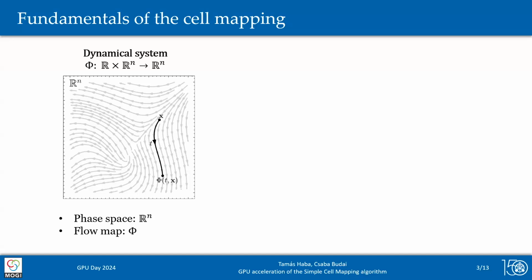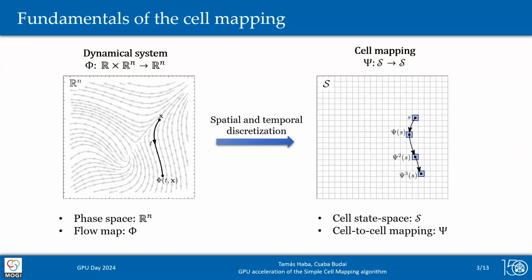A very common numerical approach to do this is called cell mapping, or rather a family of numerical methods. They are basically a discretization, both in space and time, of the system.